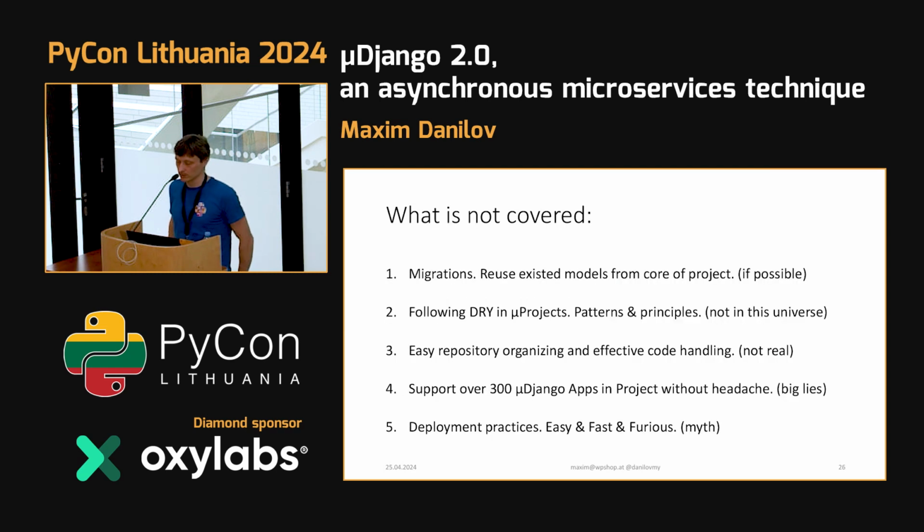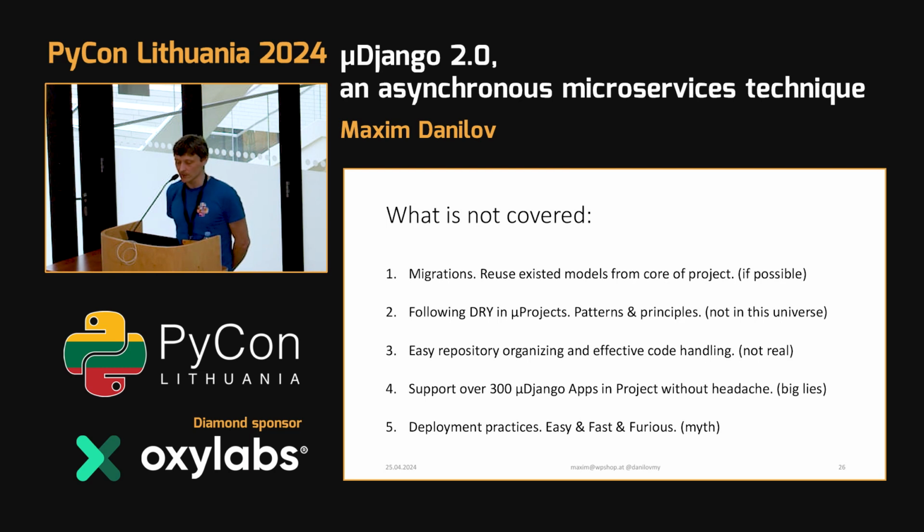What is not covered in my talk, because we don't have too much time: at first, I don't say anything about migrations, and I offer to reuse existing models from the core project. I mean, this micro project always has a dependency on models from the core project if possible.